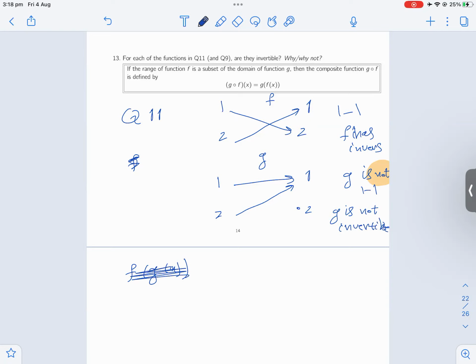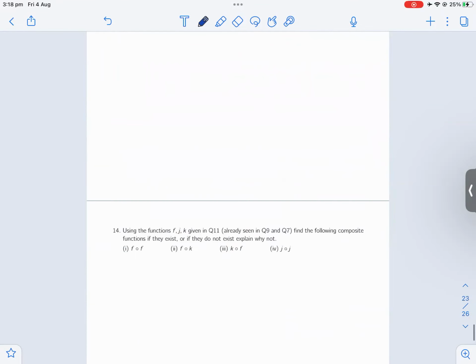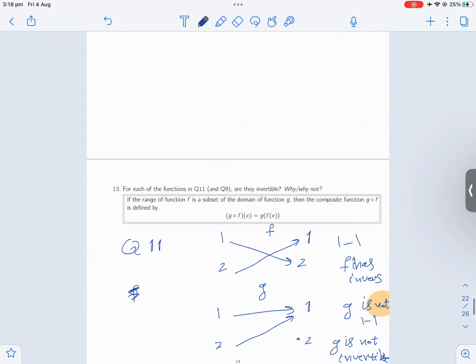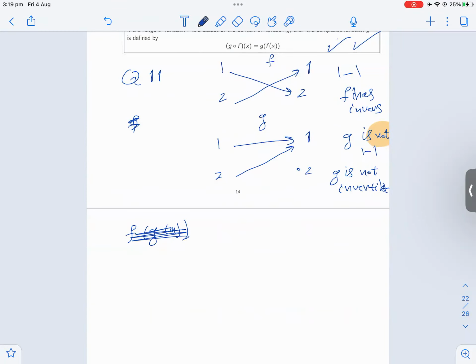Okay. So now regarding this one, I want to solve this question. I just mixed up the questions. When I saw this, I thought I would do question 13. So question 14, f of g of 1 is this.